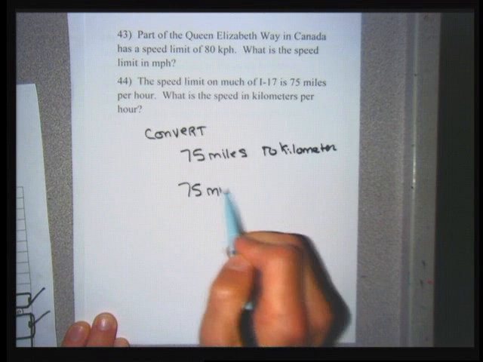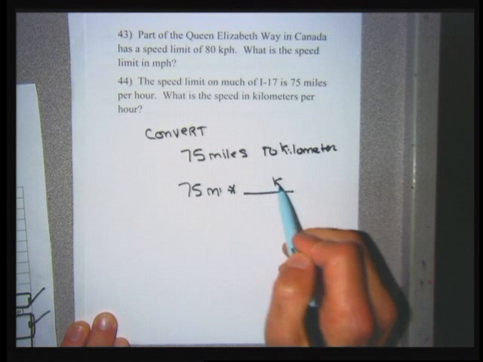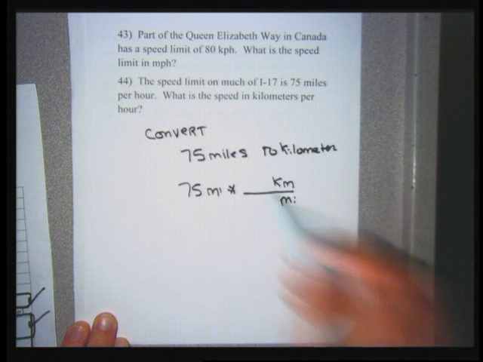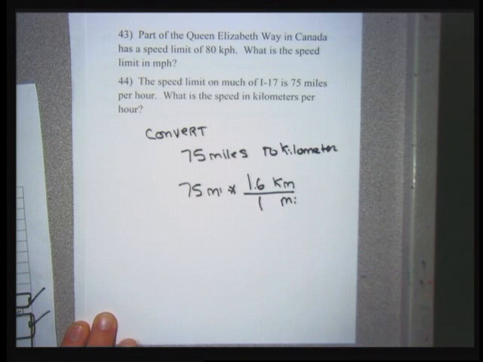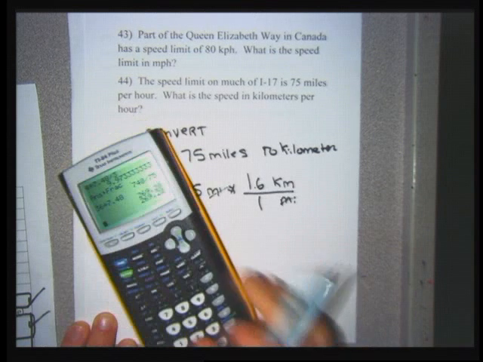So in problem 44, what I need to change is 75 miles to kilometers. So I'm going to start with 75 miles. I'm going to multiply by the fraction. In the numerator, I want to end up with kilometers. In the denominator, I want to get rid of miles. And that unit is 1.6 kilometers is 1 mile. The miles are going to cancel, and I just multiply the 75 by the 1.6.